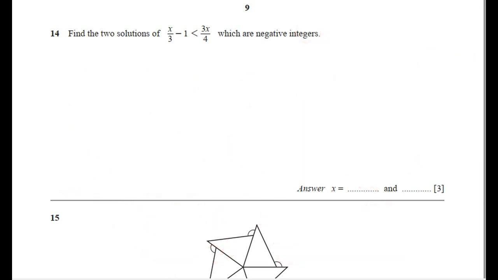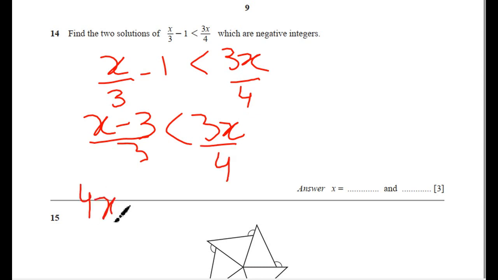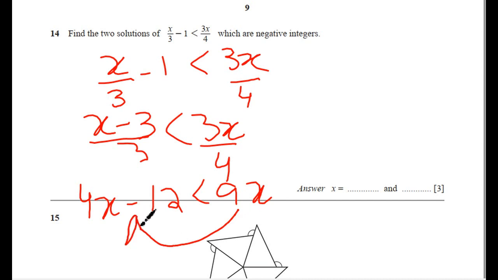Alright, so x over 3 minus 1 less than 3x over 4. You take the LCM, x minus 3 over 3 less than 3x divided by 4. You cross multiply, 4x minus 12 less than 9x. Now what if you took this here and minus 12 to the other side.